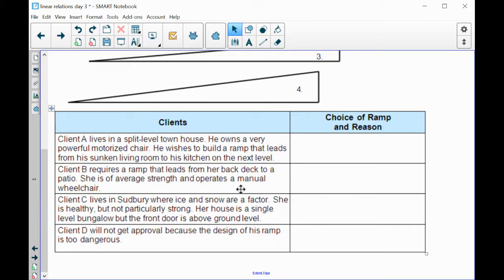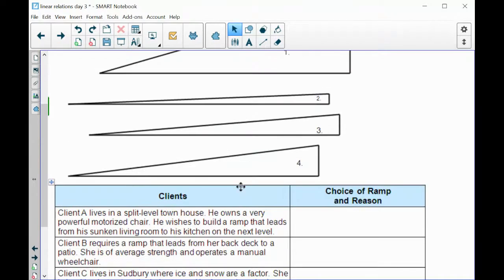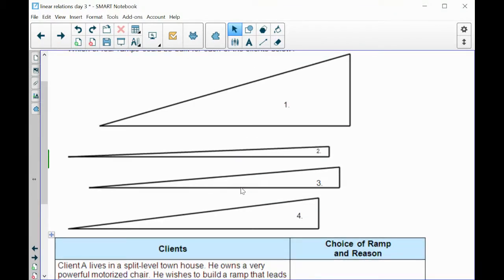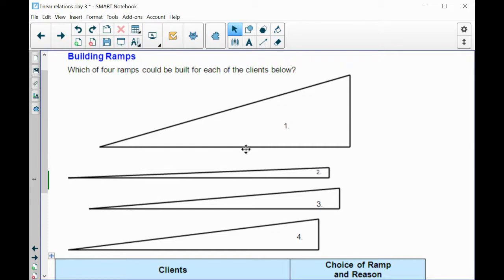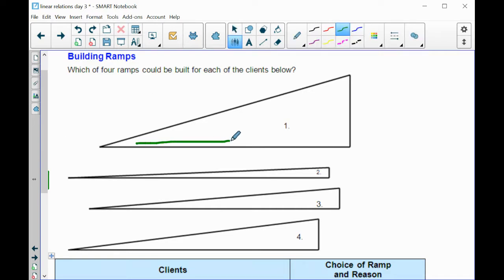So let's have a look at our ramp choices and put 1 in each one. I'd like you to put number 1 here as your choice for this too dangerous a ramp. We don't have a lot of run, right? So we don't have a lot of horizontal run for quite a steep rise.